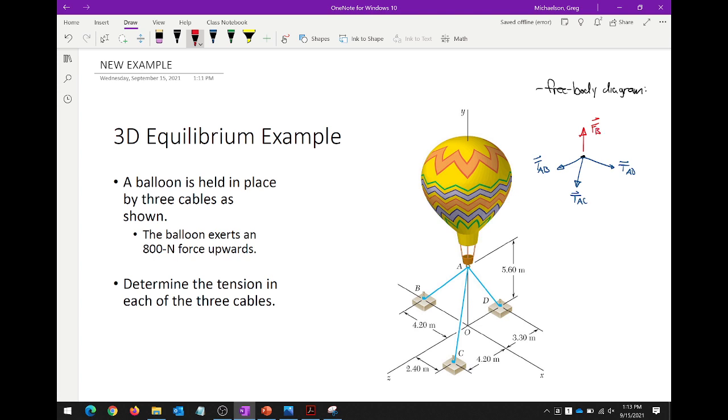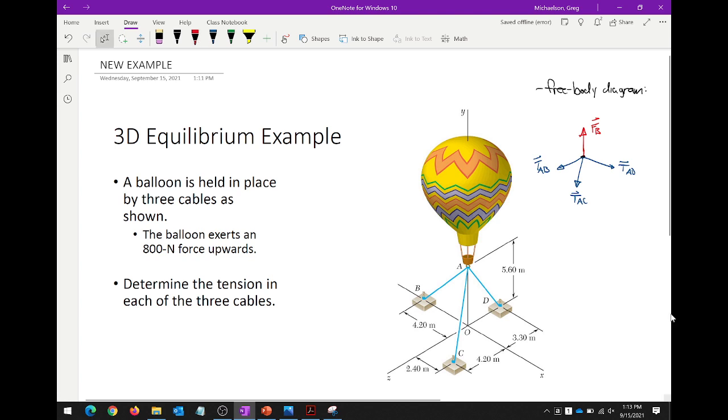F sub B for the balloon. So the balloon's yanking upward, and you've got these three cables yanking downward. And in terms of the free body diagram in 3 dimensions, that's it. I'm not going to start going back to art class and saying your perspective is off on your diagram. That's close enough. We've got all of the associated dimensions here, so I think we're good to go.